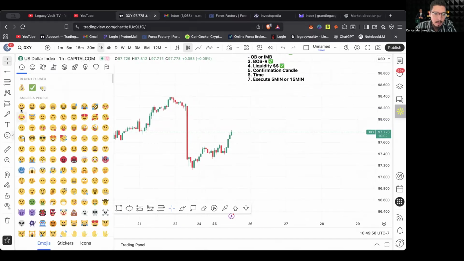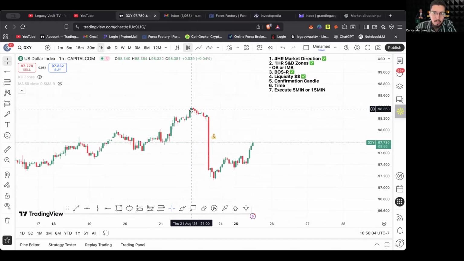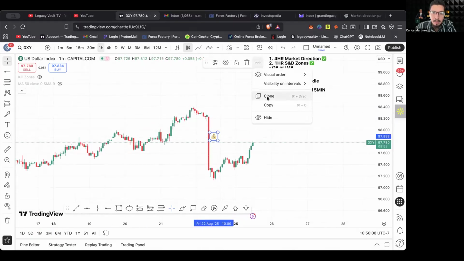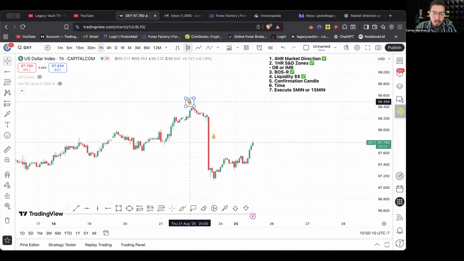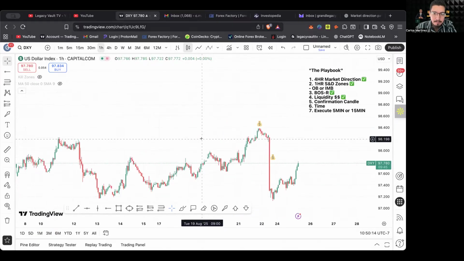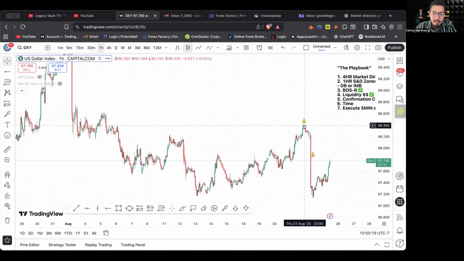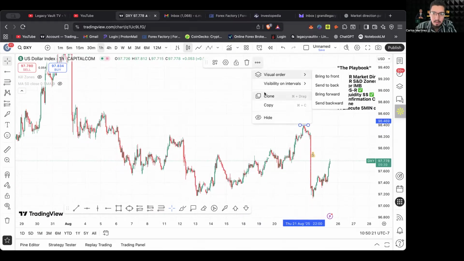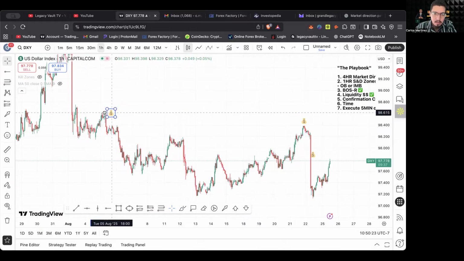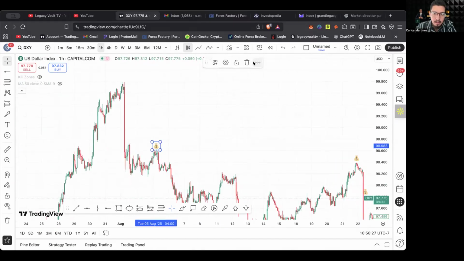Now, this is an example of liquidity. This is all money here. This is money. We also have money here. We have money up here from the sell orders from this high, and we also have money here from these highs and here.